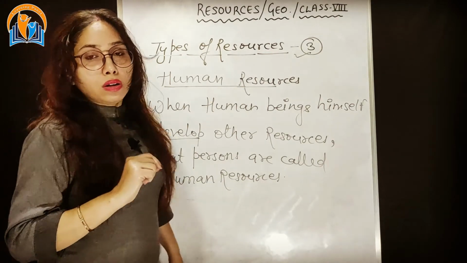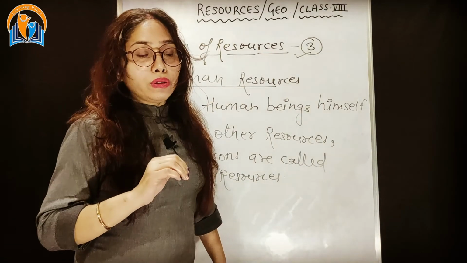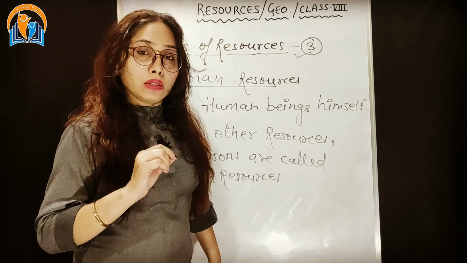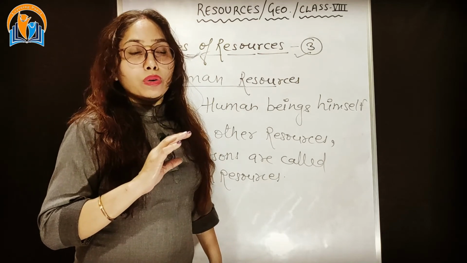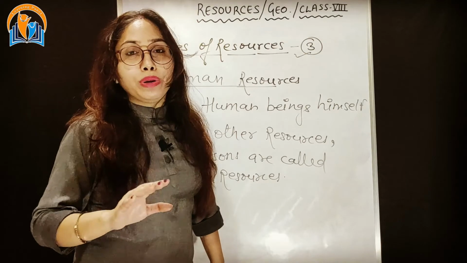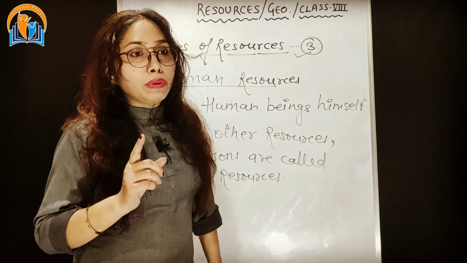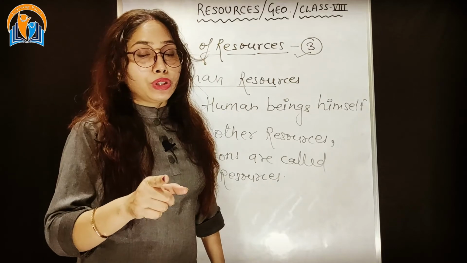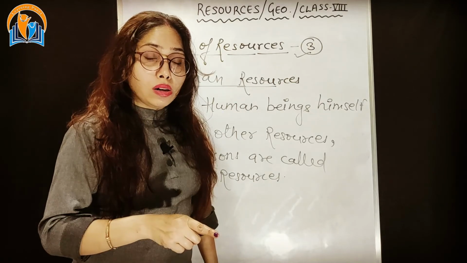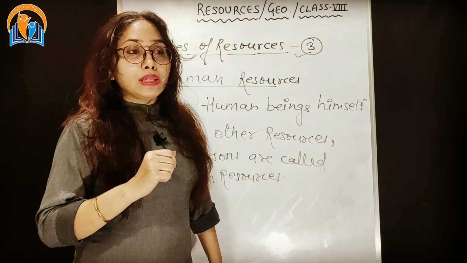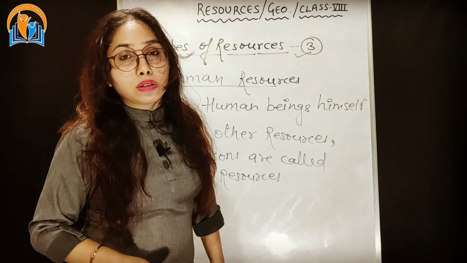Here is one example I am also giving you. If any person is sitting alone from morning to night and not doing any type of work, not contributing to any work, then that person, for that time and that situation, will not be called a human resource, because he is not making any efforts.